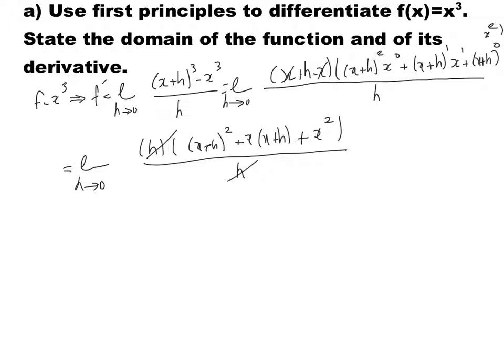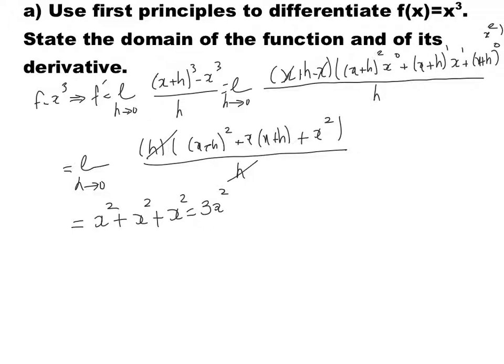H cancels here. Now I can safely let h go to 0. So x plus h squared becomes x squared, plus x plus h is x times x is x squared, plus x squared becomes 3x squared.